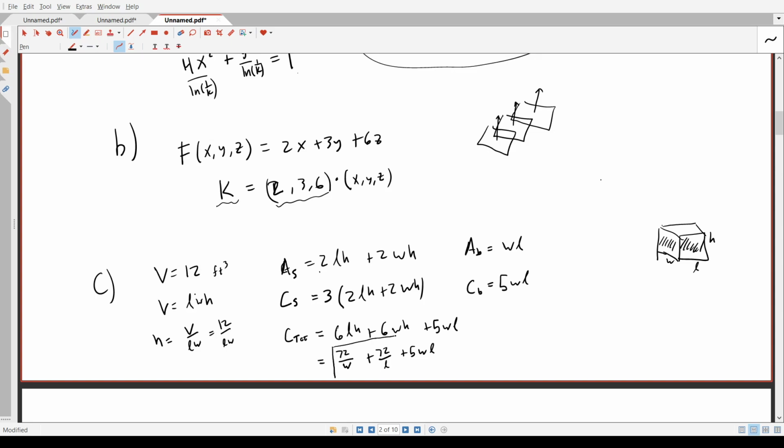And that's my answer. And the question phrases this with the length as X and the width as Y, but it doesn't make a difference.